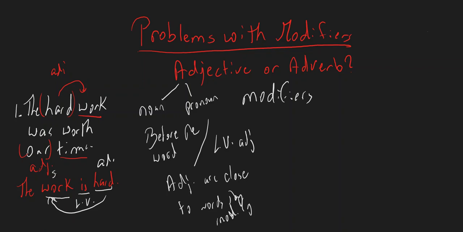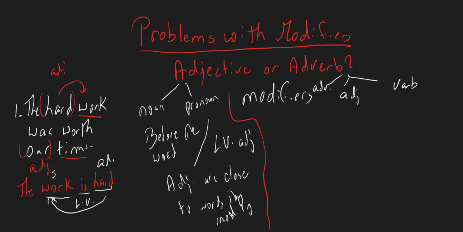However, in the case of adverbs, first of all, they modify three things. They modify either a verb. Usually most adverbs modify verbs. They can modify adjectives, and they can modify other adverbs as well.